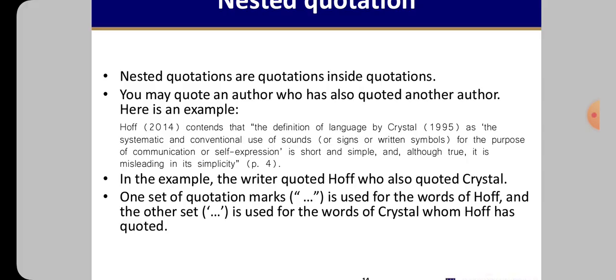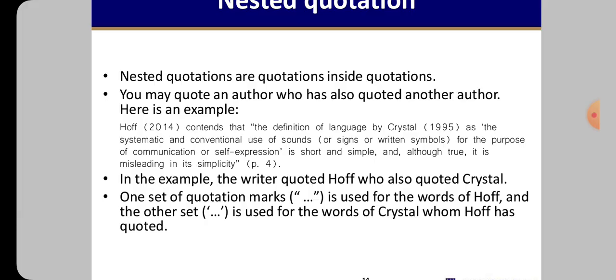So let's look at this one. Hoff 2014 contended that the definition of language by Crystal. So he's trying to tell us that Hoff quoted a definition by what? Crystal in 1995. So Hoff's book in 2014 quoted someone called Crystal in 1995.